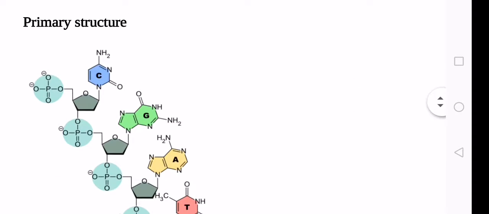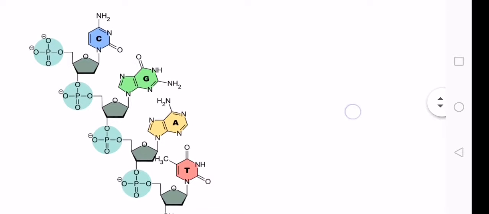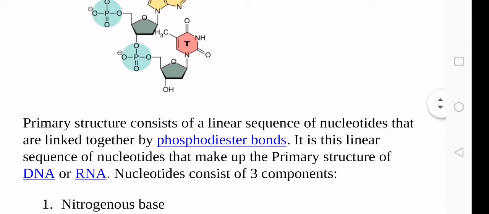Primary structure you can see in this picture. It consists of a linear sequence of nucleotides that are linked together by phosphodiester bonds. It is this linear sequence of nucleotides that makes up the primary structure of DNA and RNA.